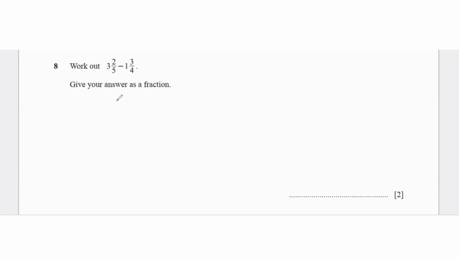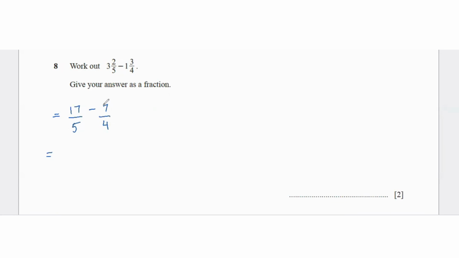Question 8 says work out 3 and 2/5 minus 1 and 3/4. First we'll convert the mixed numbers into improper fractions. We start with multiplying 5 by 3 and then adding the result to 2. So 5 3s are 15 and 15 plus 2 is 17. So 17 over 5. Same with the other fraction. 4 times 1 is 4. 4 plus 3 is 7. 7 over 4. Now since we're subtracting unlike denominators, we need to make the denominators equal.